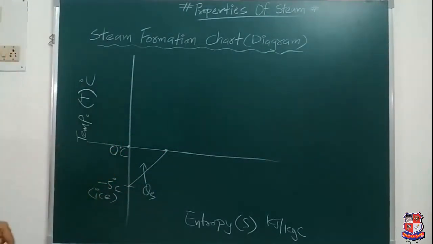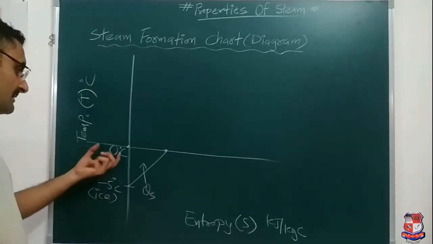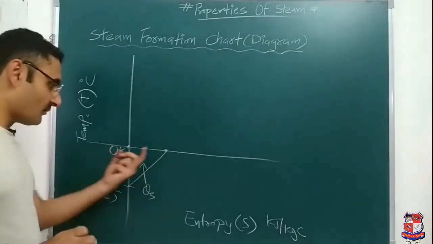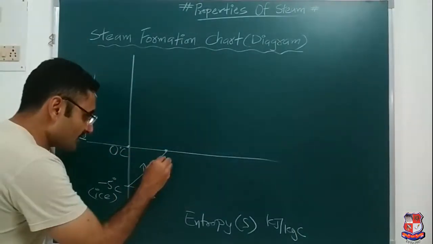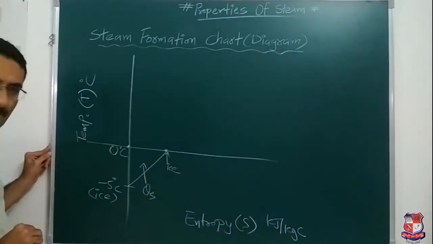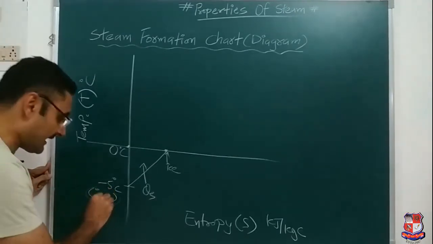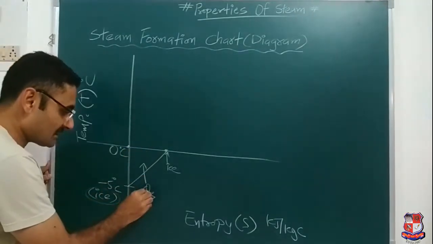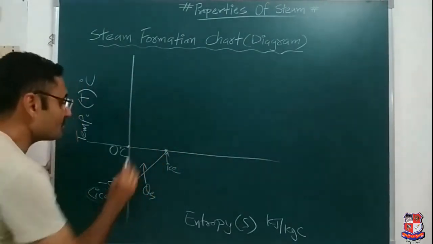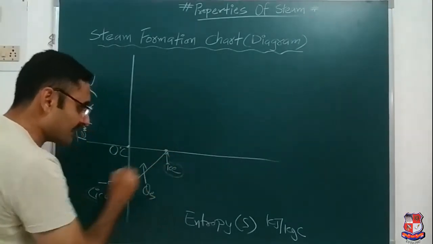Now at 0 degree centigrade temperature, two things may be present: either you will get ice or you will get water. But first of all, at 0 degree centigrade you will get ice. At minus 5 degree centigrade ice is present, and by supplying heat its entropy and temperature increase, and at 0 degree centigrade you get ice.